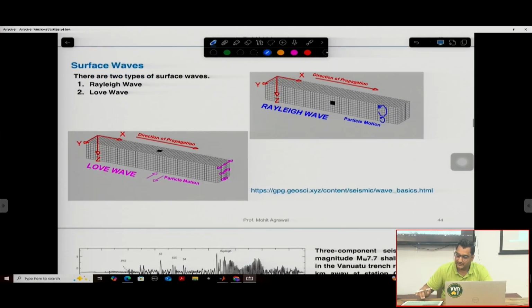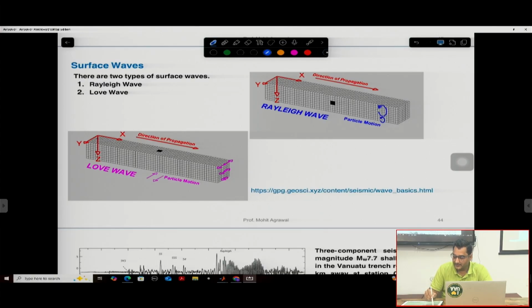Thereafter we had two types of surface waves, Rayleigh waves and Love waves. Rayleigh waves have retrograde elliptical particle motion, where near the surface the particle is moving opposite to the direction of propagation. That is why it is retrograde elliptical. There are three axes given.